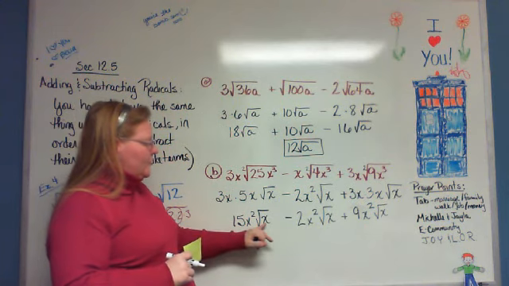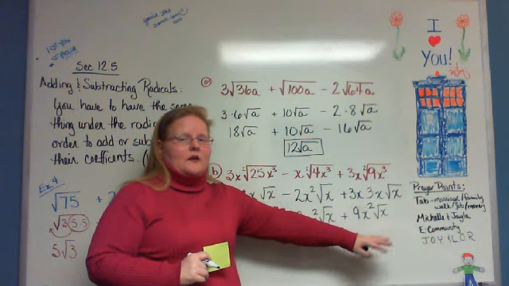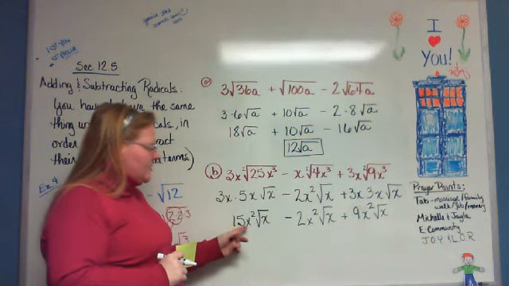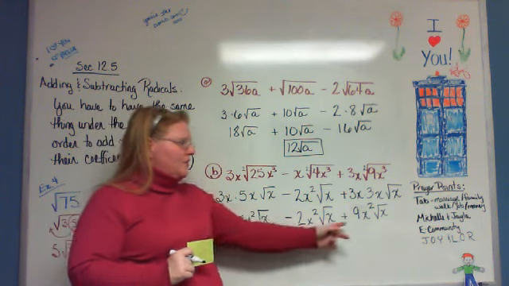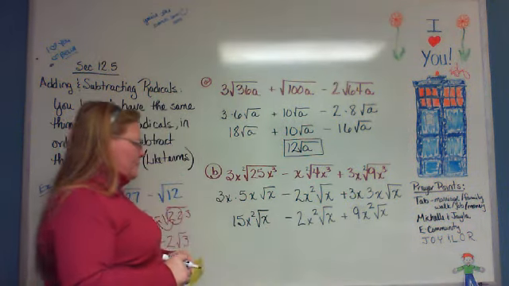Now, not only do my radicals all have to be the same, but because we're doing like terms and there are letters outside, they have to all be the same too in order for us to add and subtract those numbers in front.